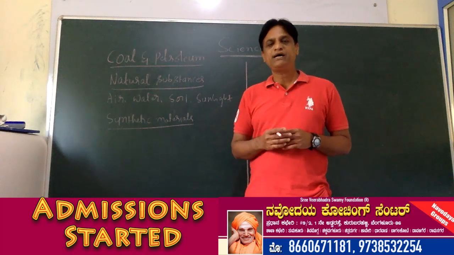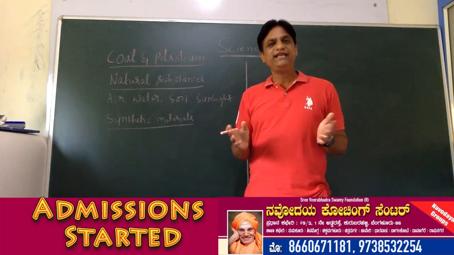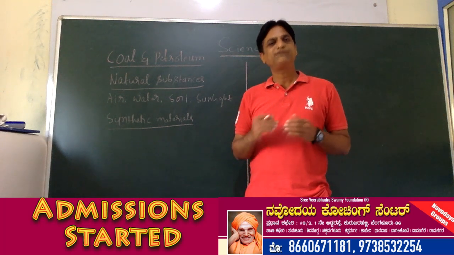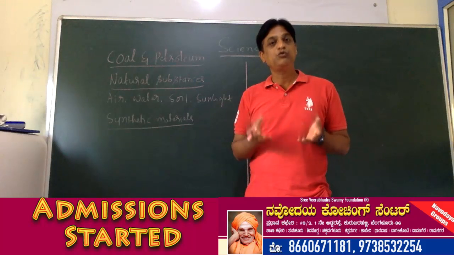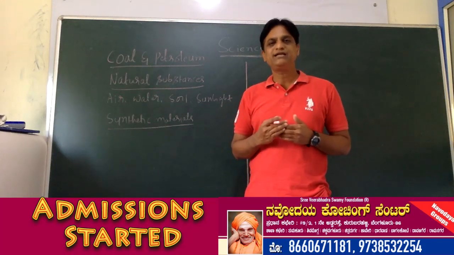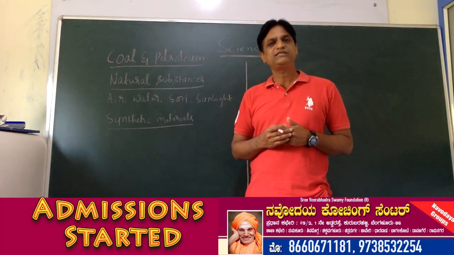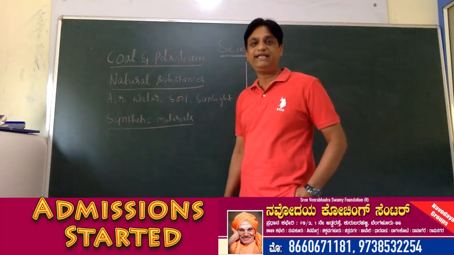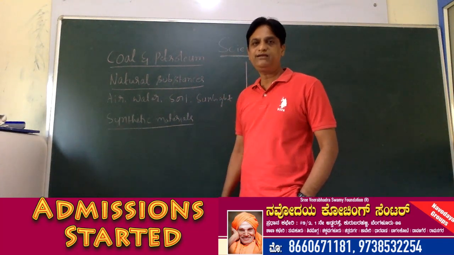But as time passed, due to the increase in population, and another important thing, for the formation of natural substances the time required is more. So people started using alternatives to natural substances. Such substances are called synthetic materials or man-made materials.